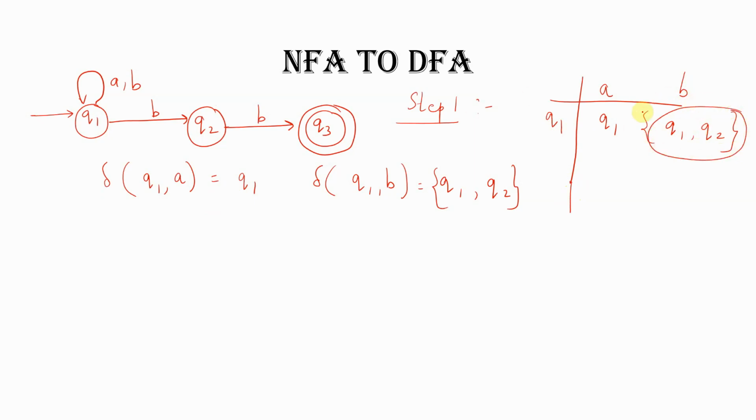Since this is a newly generated state, in the next step I am going to consider this state for computation, that is Q1 comma Q2 as a set. Fine. So the next step is computation of Q1, Q2 on A, and computation of Q1, Q2 on B.